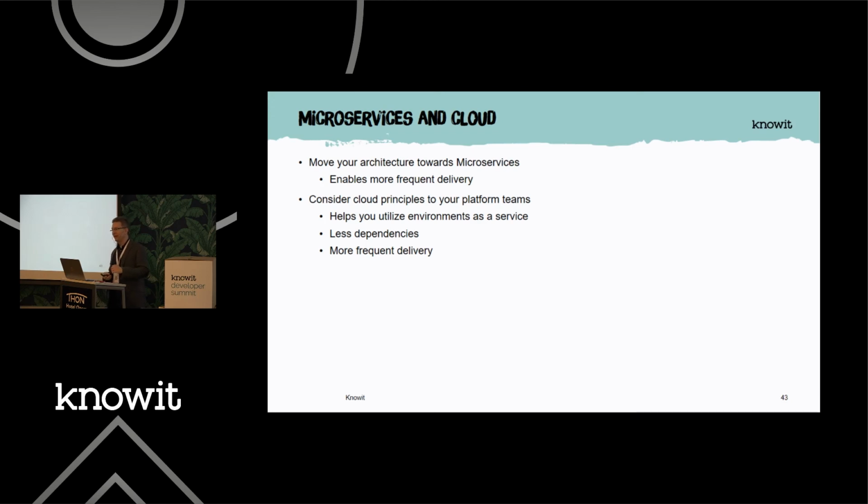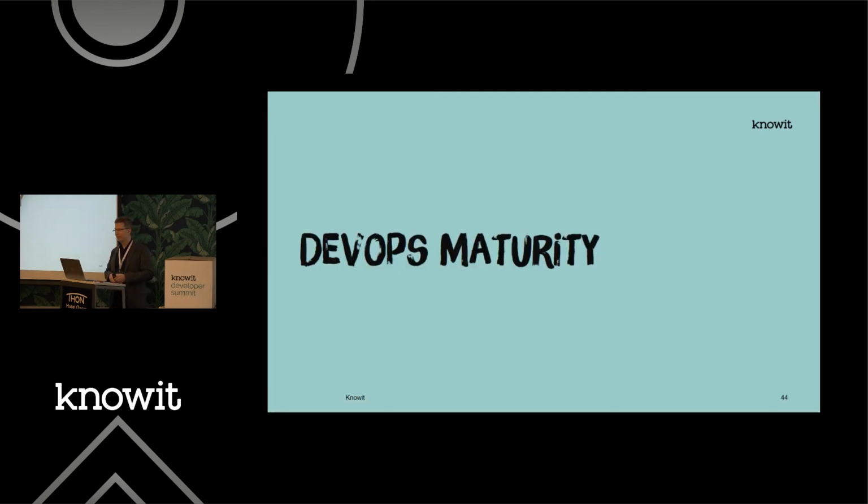Principles say that you can and you must be self-sufficient as functional teams, and your platform teams must be able to provide services to your functional teams independently, without phone calls, without unnecessary communication. Of course, there will be communication, but you need to limit that to as little as possible, and that makes functional teams more autonomous. So those are some ideas about technological choices that will support going into DevOps.